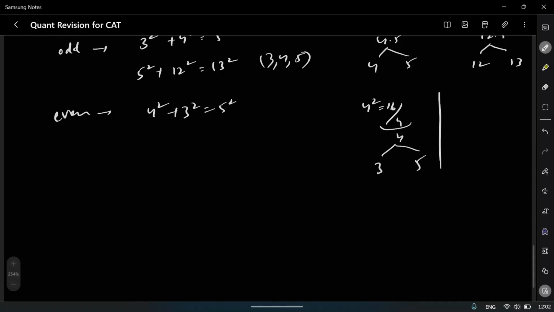If we take another number, let us take 6. 6 square equals 36, divided by 4 gives 9, which is the average of 8 and 10. So 6 square plus 8 square equals 10 square.